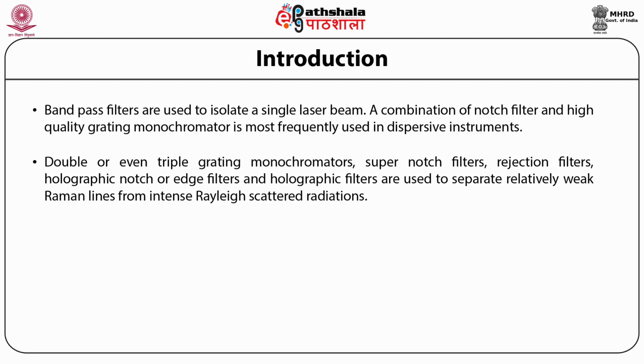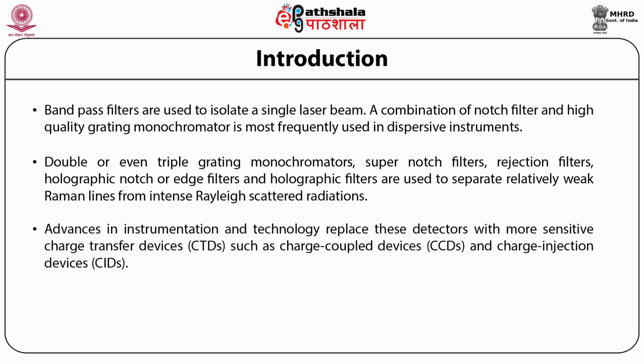Thermoelectrically cooled photomultiplier tubes and photodiode array detectors were used in early models of dispersive Raman spectrophotometers. Advances in instrumentation and technology replaced these detectors with more sensitive charge transfer devices. These are called CTDs, such as charge coupled devices, CCDs, and charge injection devices, CIDs.